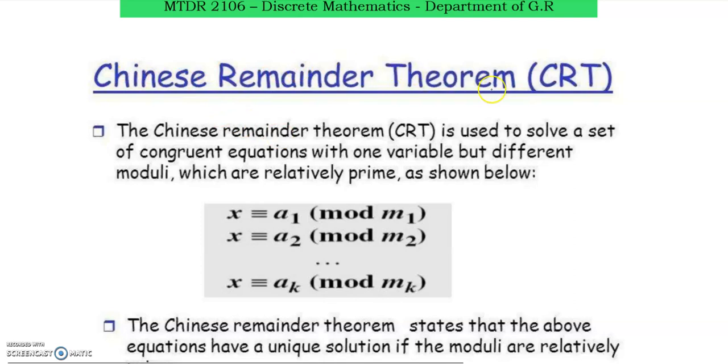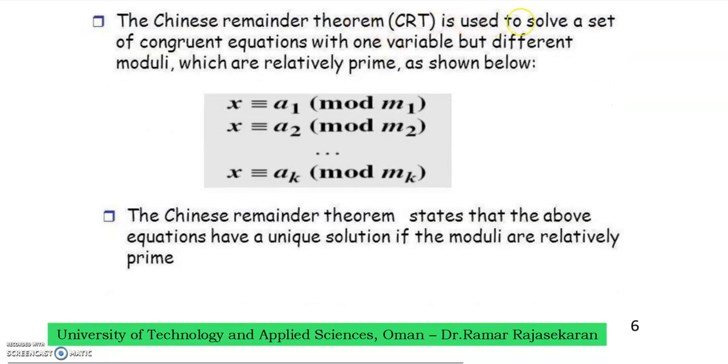Now you see here, what is this? Chinese remainder theorem, that is CRT. The Chinese remainder theorem is to solve a set of congruent equations with one variable but different moduli, which are relatively prime, as shown below. x congruent to a1 modulo m1, x congruent to a2 modulo m2, and so on, x congruent to ak modulo mk.